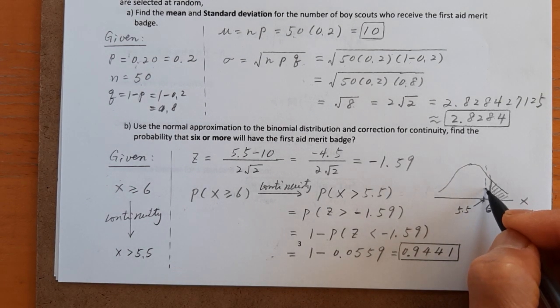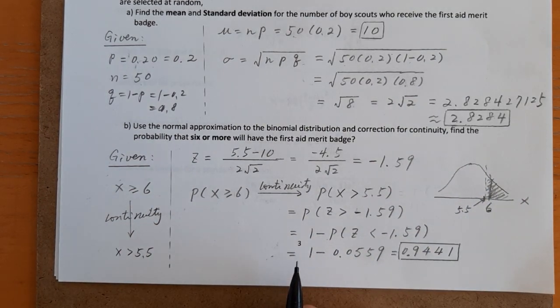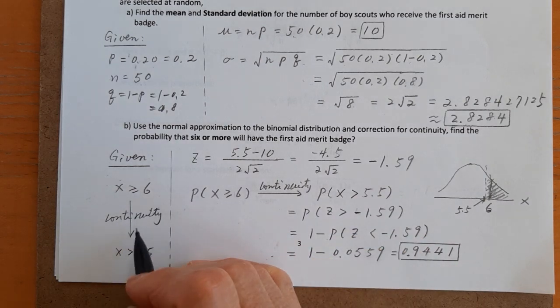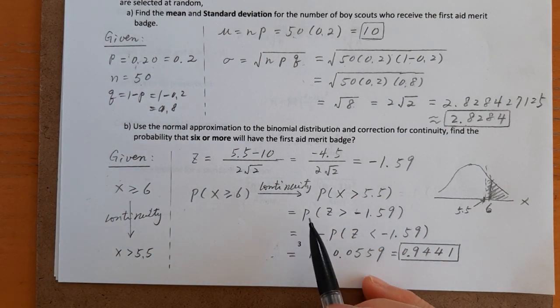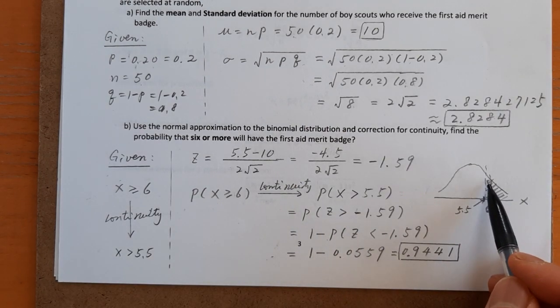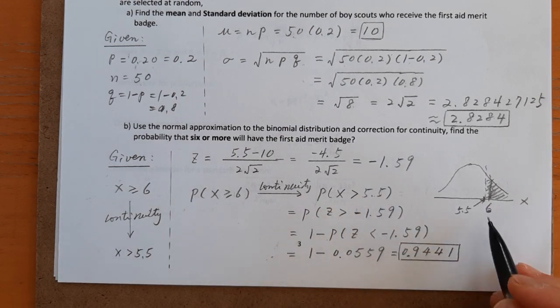Then you find this probability, and that guarantees including 6. So you use x greater than 5.5 for continuity.